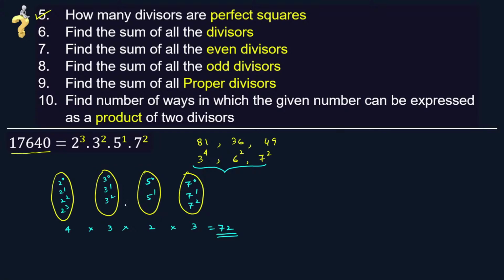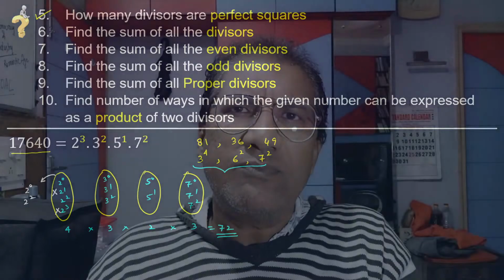So in this case, from the first set, we are rejecting 2 to the power 1. We are rejecting 2 to the power 3. Are you getting the point? I am considering only 2 elements from the first set, which are 2 to the power 0 and 2 square. That is, we have only considered the even exponents of 2.